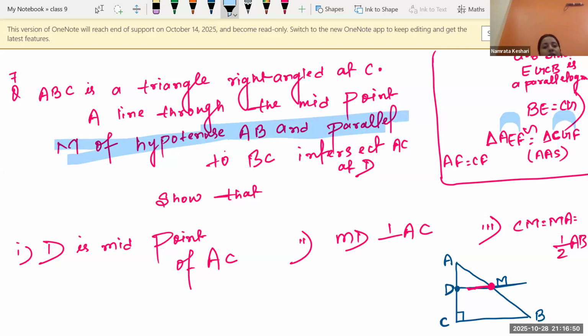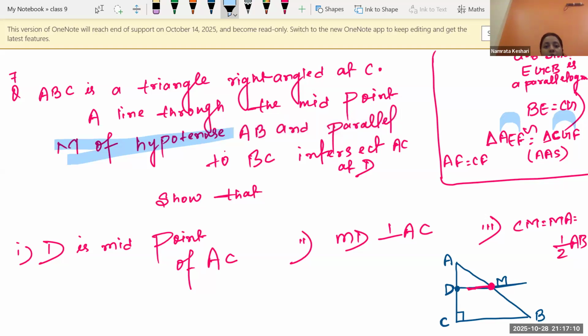See, ABC is a triangle, right angle at C. A line through the midpoint M of the hypotenuse AB and parallel to BC. Can you see that parallel to BC? This line is not a random line.